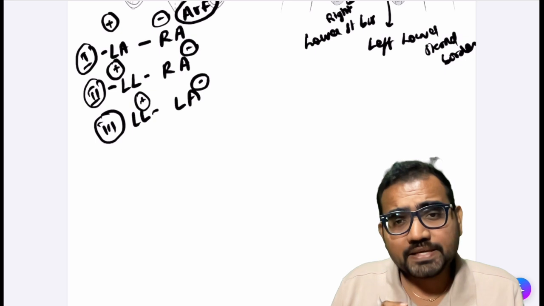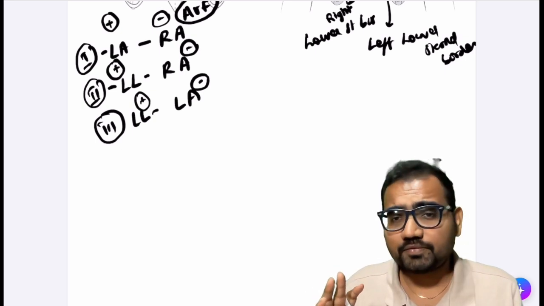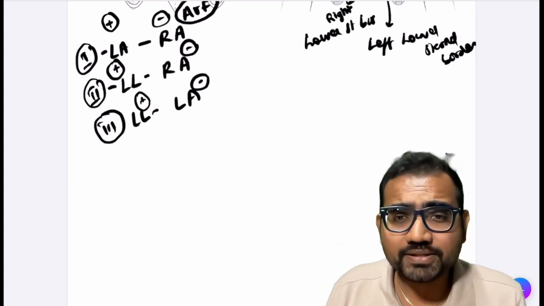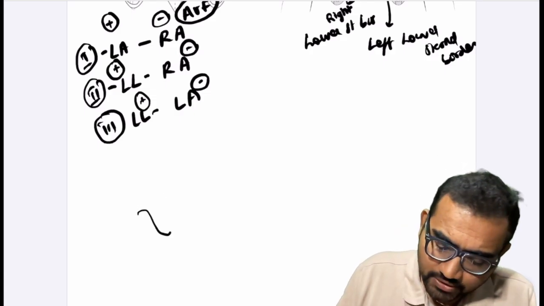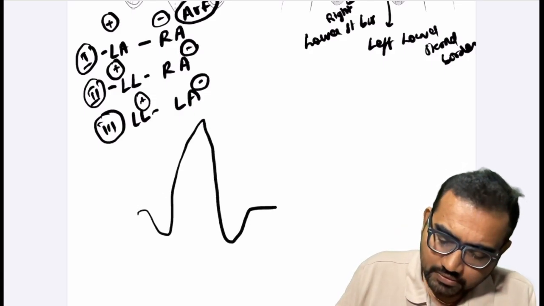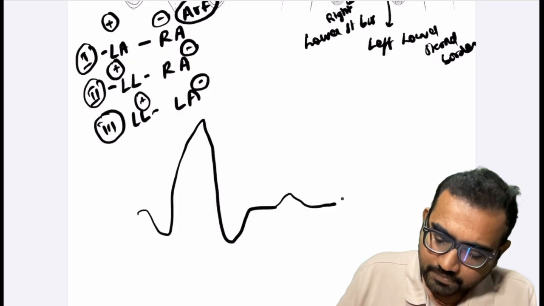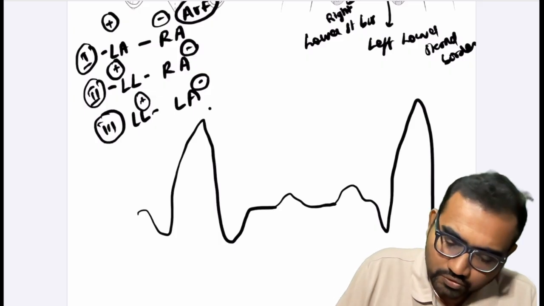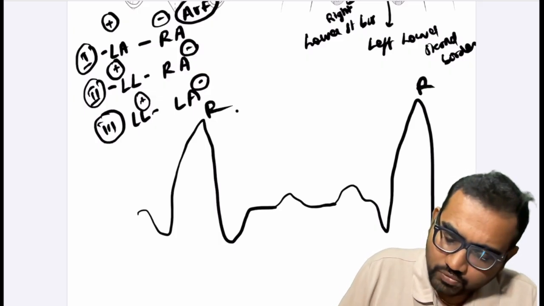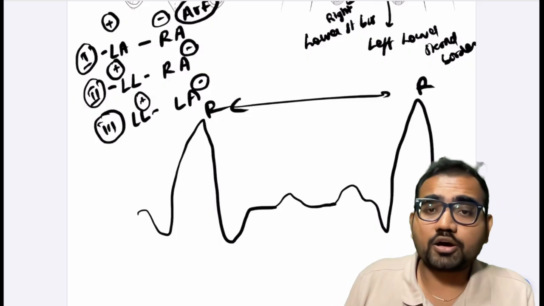ECG has PQRS waves, and another important thing which you should remember is the distance between one R wave to another R wave.